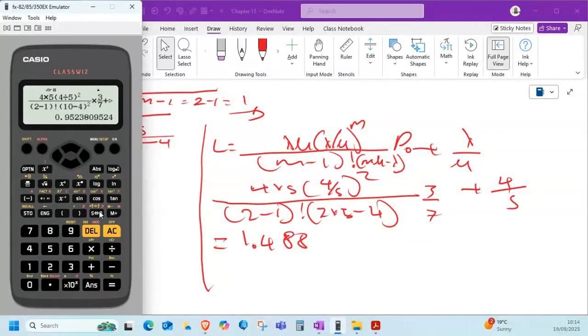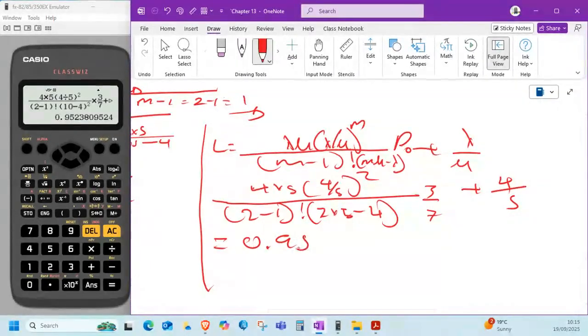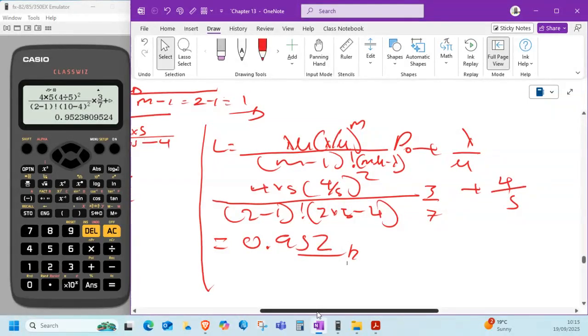Then we have it as 0.952 for argument's sake. Now I believe the formulas are going to be shorter.